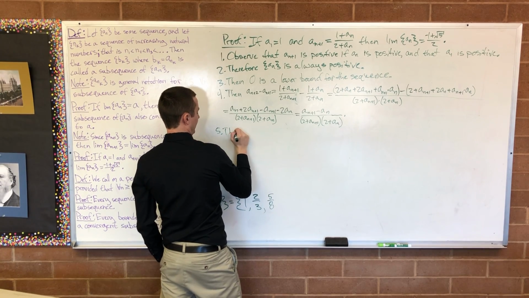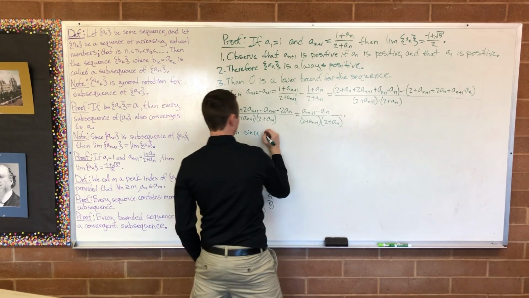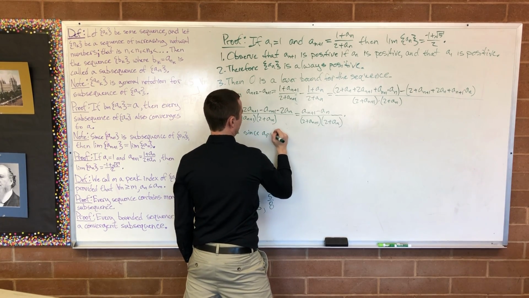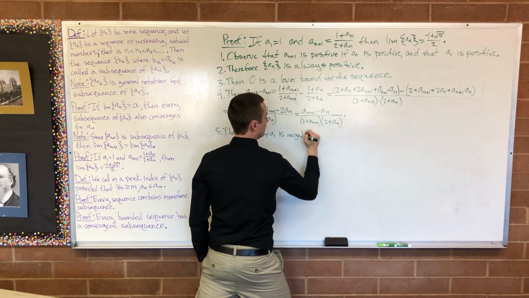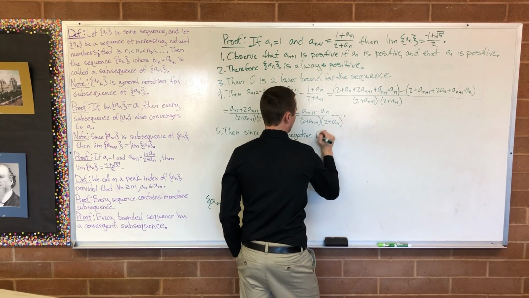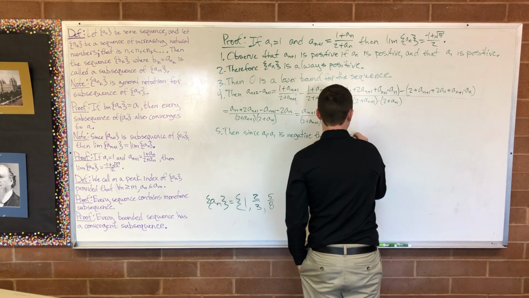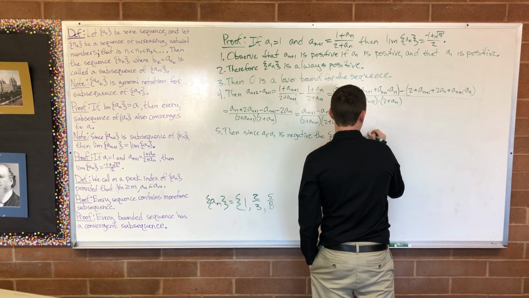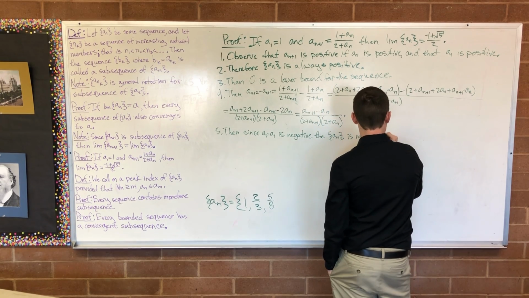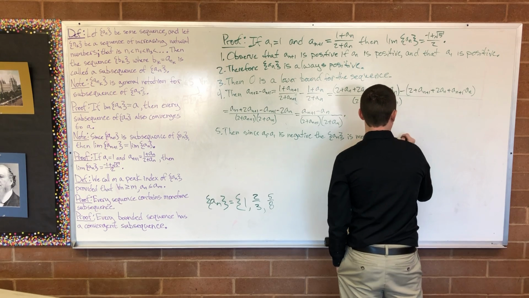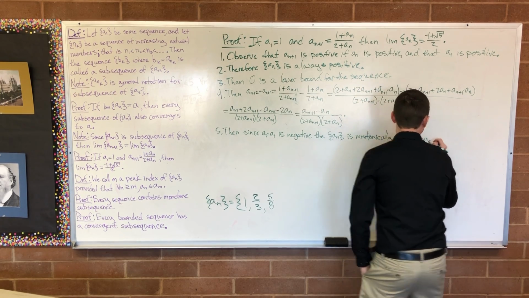Alright, I'm just going to write this and then I'll explain. Then, since a sub 2 minus a sub 1 is negative, then a sub n is monotonically decreasing. And I'll explain that.